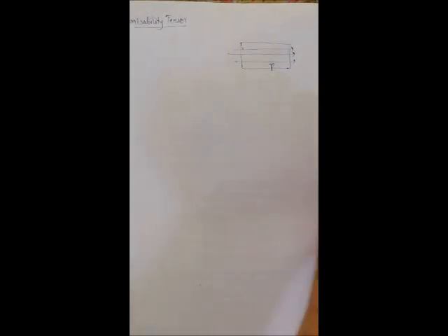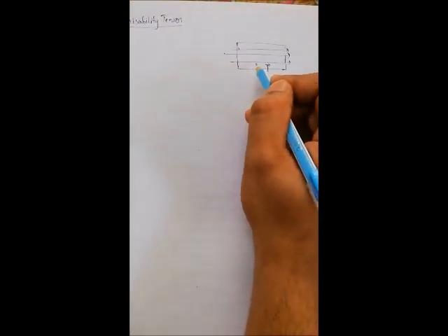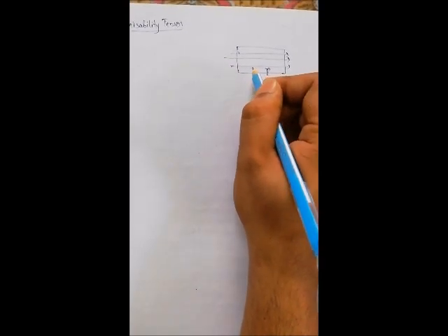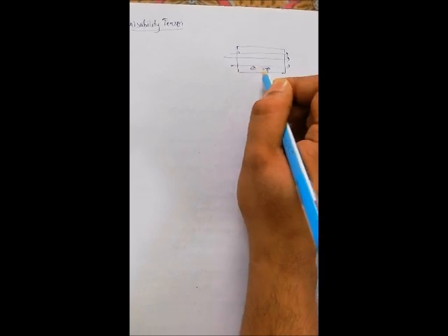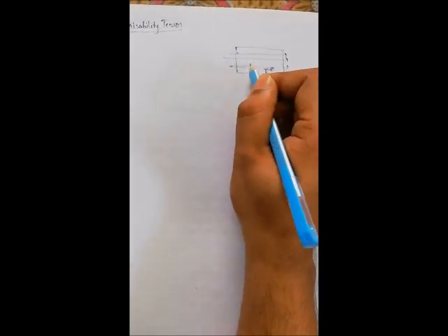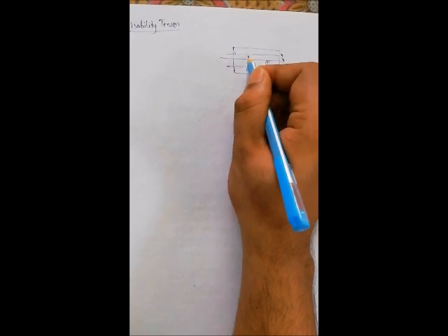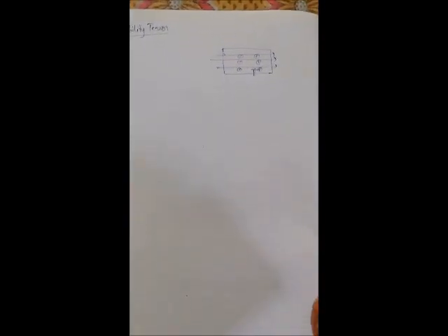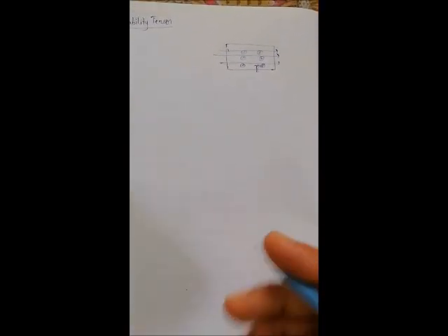Suppose this is the electric field, they are going to be organized in this direction. The negative charges will be this side, positive charges will be this side. So the application of an electric field induces a dipole in that crystal.